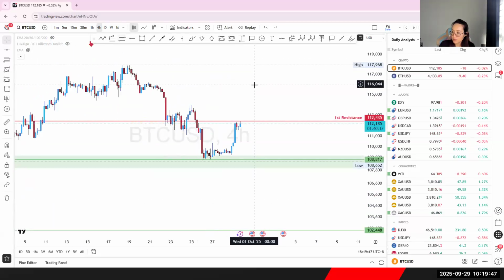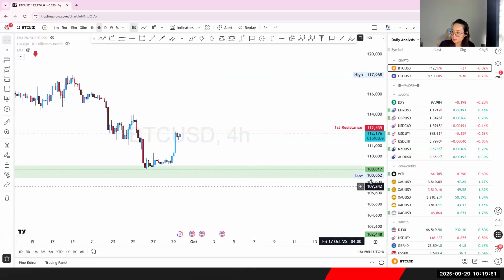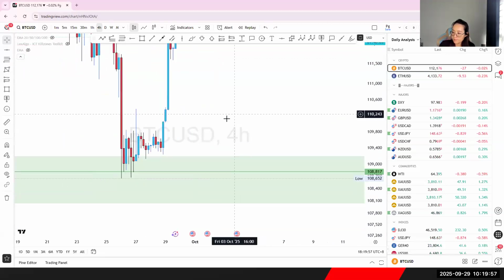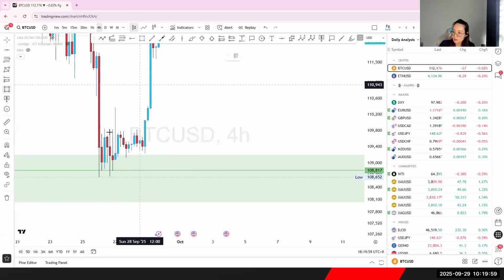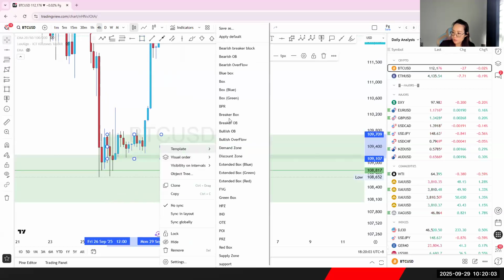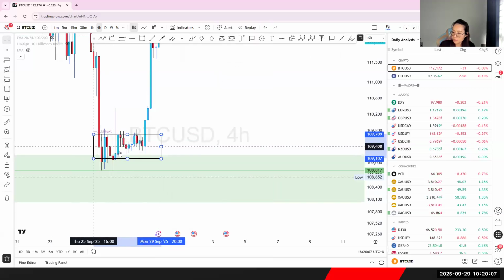Go to H4, right? Whenever price is at the support level or demand, you will see that price was ranging here before it decided, let's say here, it was ranging. So if you want to draw the box, this is going to be the box, the bodies.